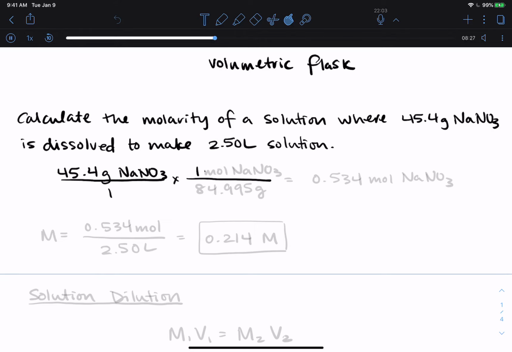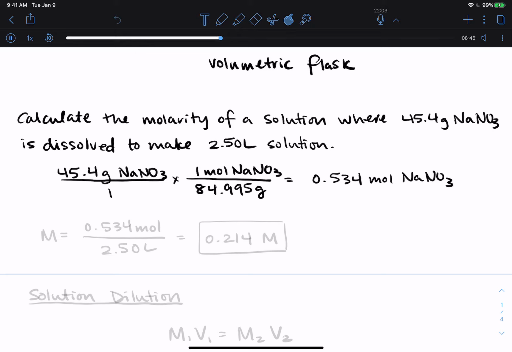All right, 1 mole of sodium nitrate weighs 84.995 grams. So 0.534 moles of sodium nitrate.